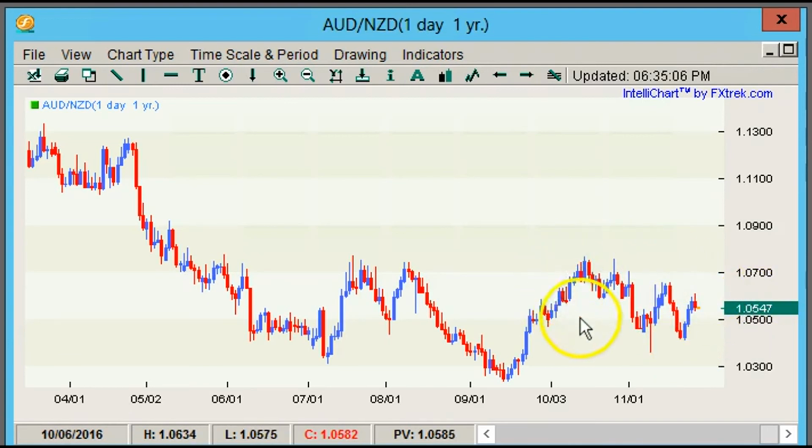And this is, again, a trade on the fact that the Aussie is going to underperform the Kiwi, I think, as the week progresses, mainly because Australian data is going to be weaker than the New Zealand data, and the market is going to probably assign a higher probability of further rate cuts by the RBA than certainly by the RBNZ.